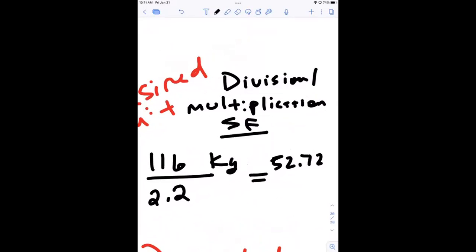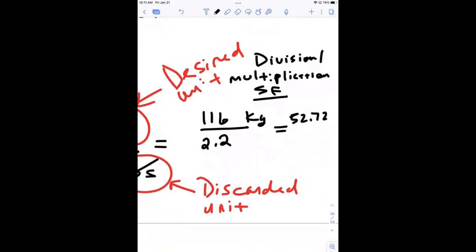So for sig figs, for division and multiplication, don't we keep the smallest number of sig figs? Is that right? Yes. So we keep the smallest number of significant figures. So of the two numbers that are divided here, which one has the least number of sig figs? 2.2, yeah. Right, so the 2.2 has two significant figures, is that right?